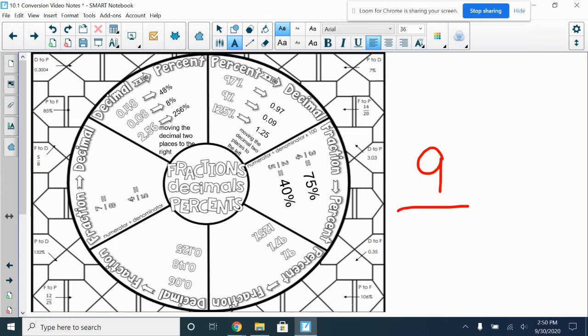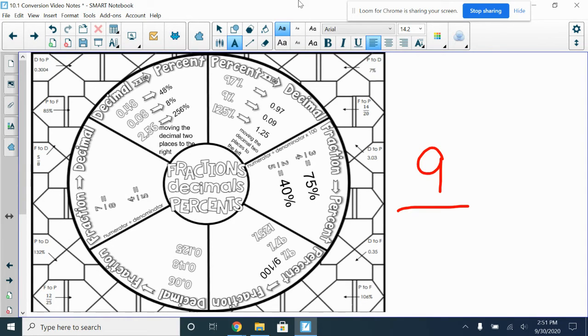There is nothing I can pull out of both 9 and 100. We're going to make it smaller, and I'm going to tell the computer to flip it. So that's 9 over 100. And I'm going to turn it so that it fits in our wheel. 9 over 100, there's nothing I can pull out of that.